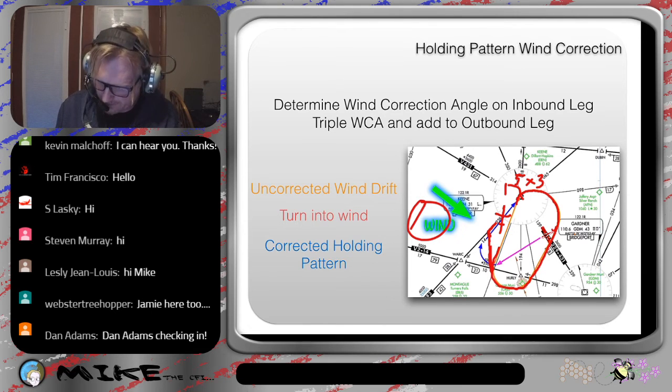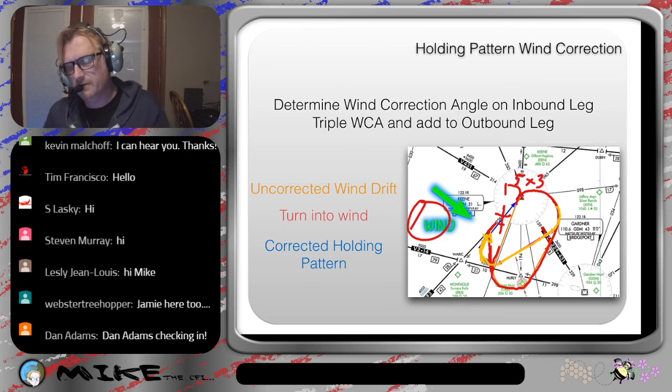So next time we went outbound, we'd want to roll out of the turn 15 degrees past 238 to find a heading that hopefully will get us to where we roll right out onto that inbound holding course.